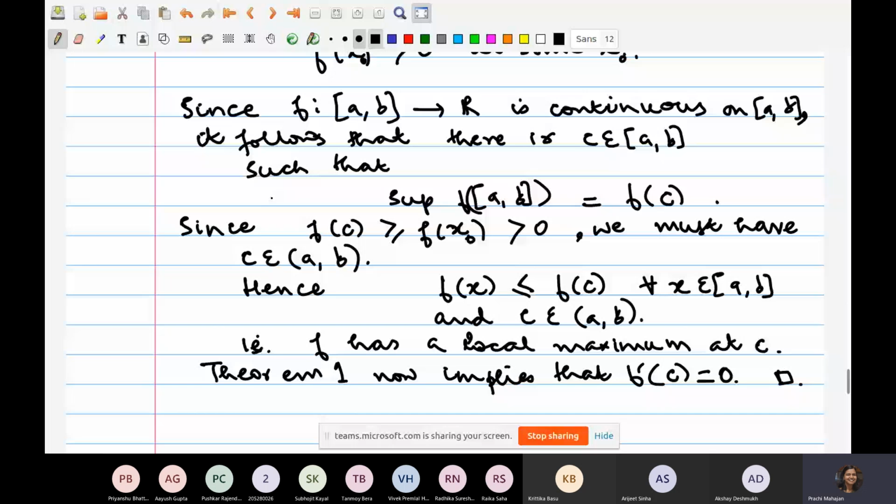We don't know how to get them, so we started with global maxima, tried to prove that it is indeed a local maximum also, and we are done. Is that okay? Any questions?